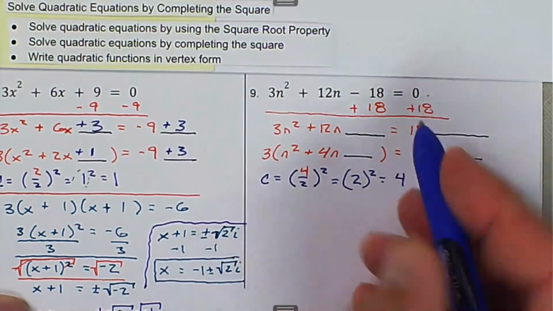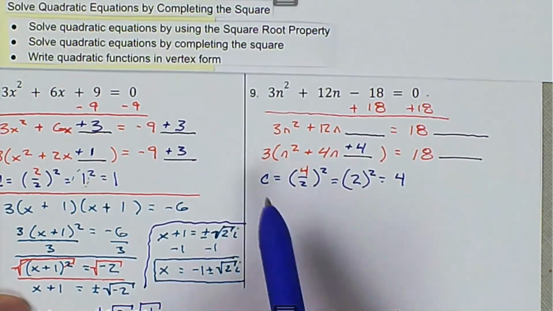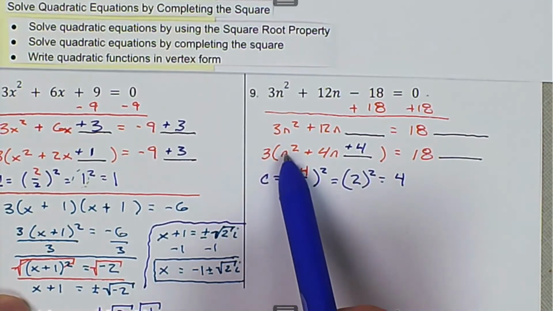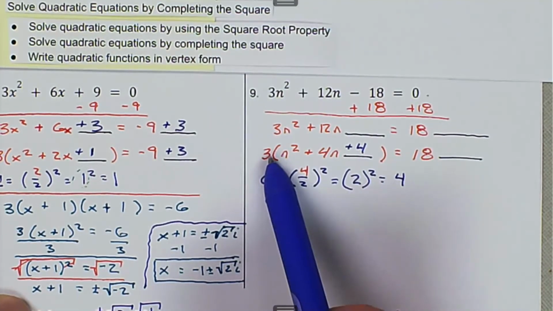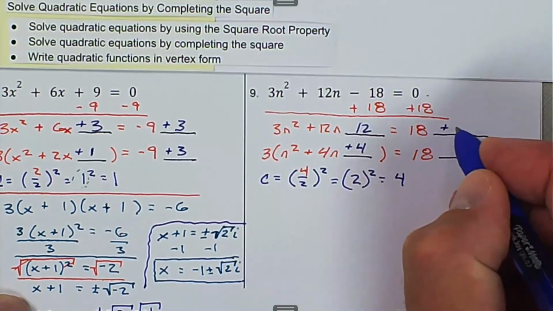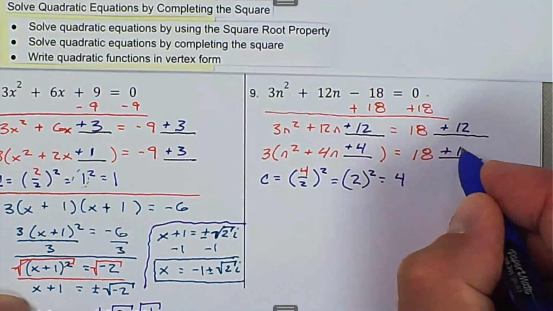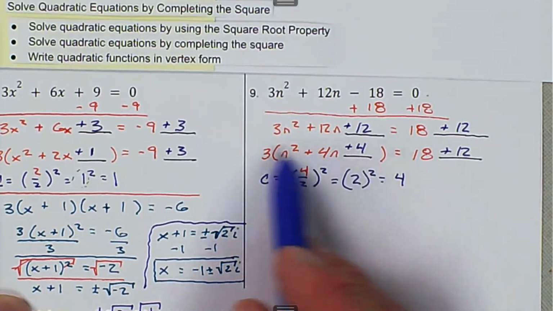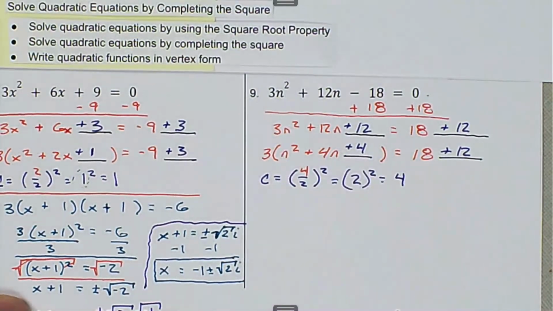Again, we have to pay attention. We substitute in a positive 4 on the left side, but we have that 3 multiplying by that 4. So 3 times n squared is 3n squared, 3 times 4n is 12n, and 3 times 4 is 12. So we're adding 12 to both sides. We added a 4 to this trinomial, but this trinomial is getting multiplied by 3, so really we added 12 to that side.